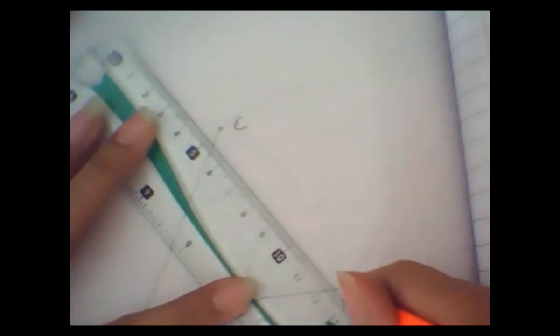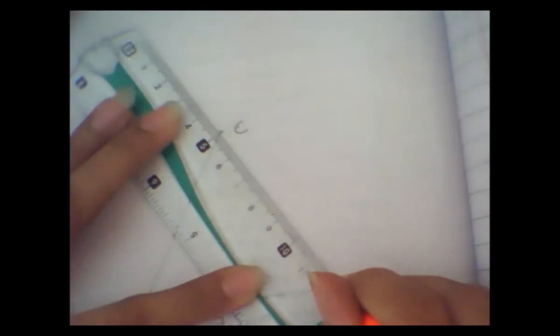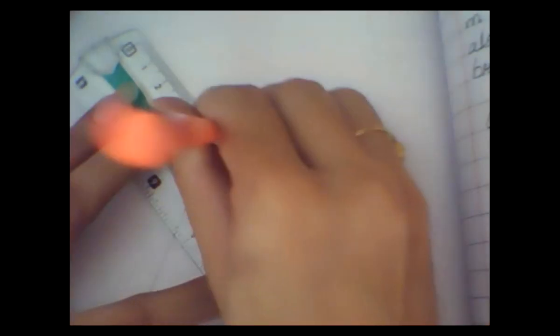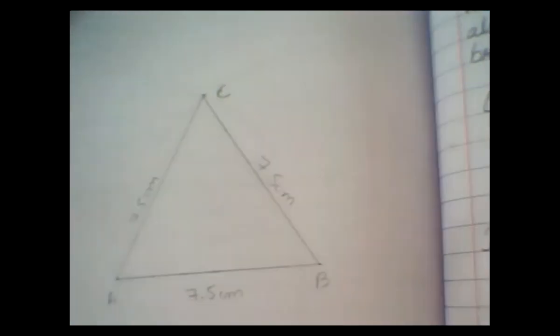And join B to C, like this. And AC is equal to 7.5 centimeter and BC is equal to 7.5 centimeter, right? So here I have drawn.